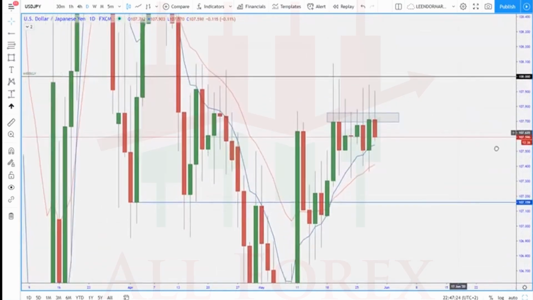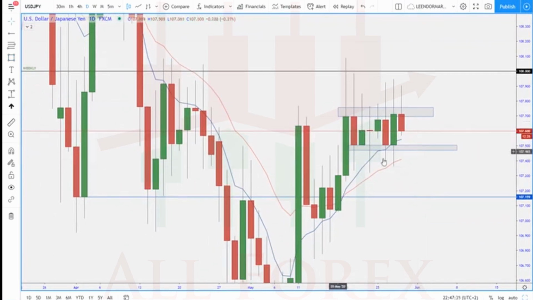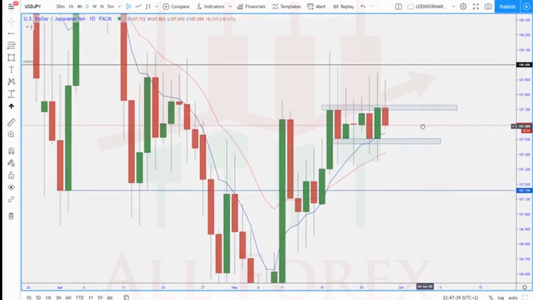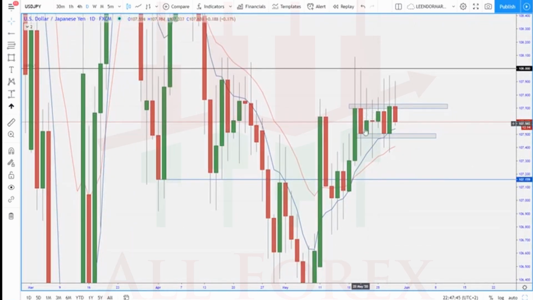I do see that this support level has been kind of a problem. I'm going to mark out this level as well. So I've got that general level at 107.159, and I've got these two zones that the market is stuck in.